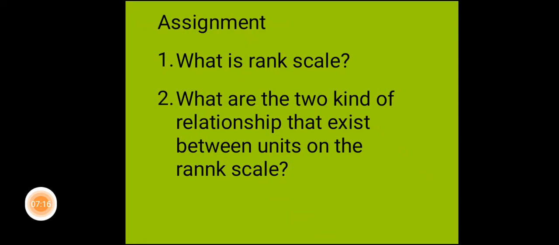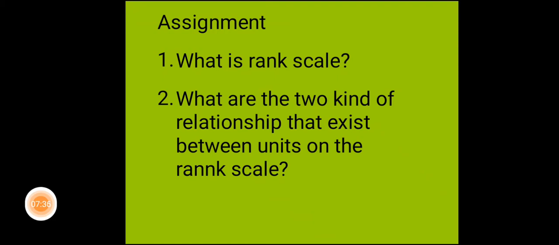To summarize everything, we said that rank scale is the arrangement of grammatical units according to size. That is, it is arranged from the highest and biggest unit to the smallest and lowest unit. That is the rank scale.